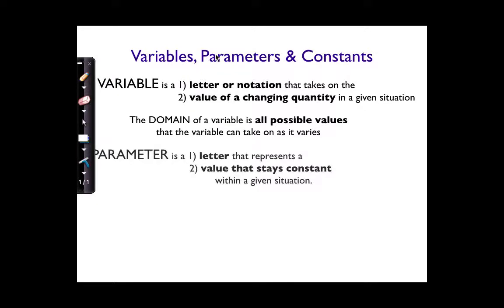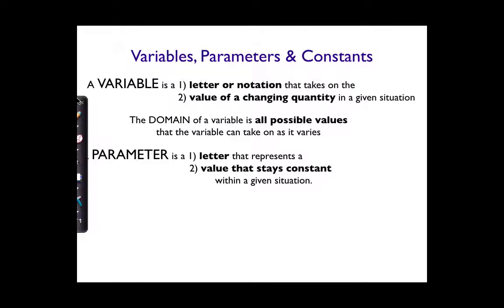So parameters, let me scoot this a little bit. Parameters are also symbols. We've been using one. Parameters, a letter or symbol, that represents a value that stays constant within a given situation. The m that we were using in this dy equals m dx.